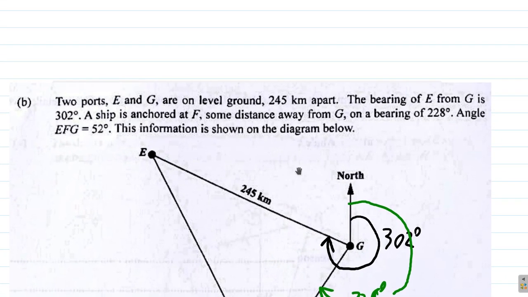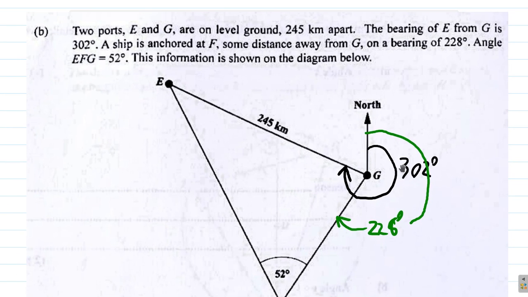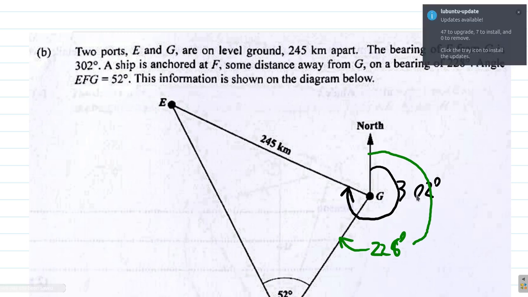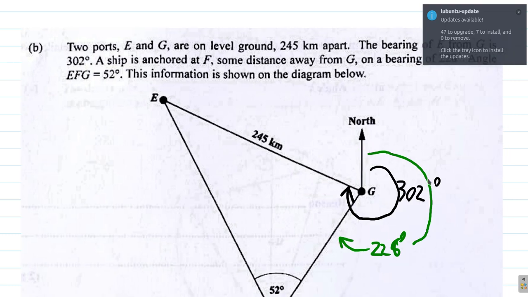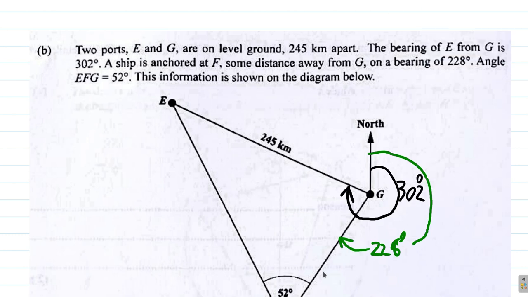So you have the two bearings there. You would not really need to put the 302 because they didn't ask you to, but I expect us to be required to use it in a calculation, so I just put it up there for the 302 part. Okay, good.